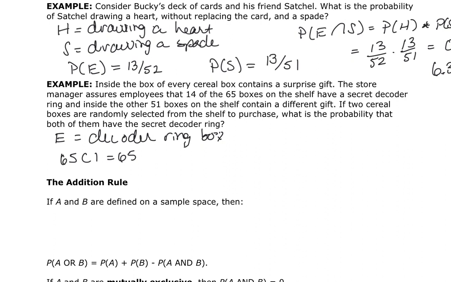Then the second time, you're going to have one less box, so that's going to be 64 choose 1, which equals 64. So these are the sample space sizes. Let's call E2 the decoder ring on the second attempt.